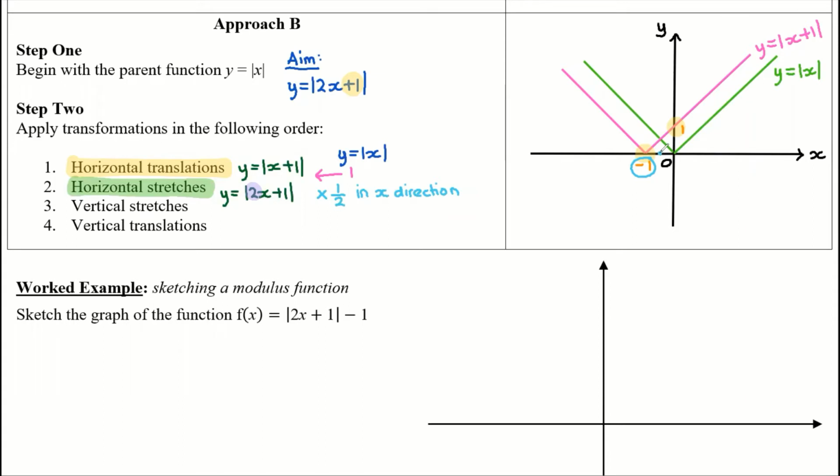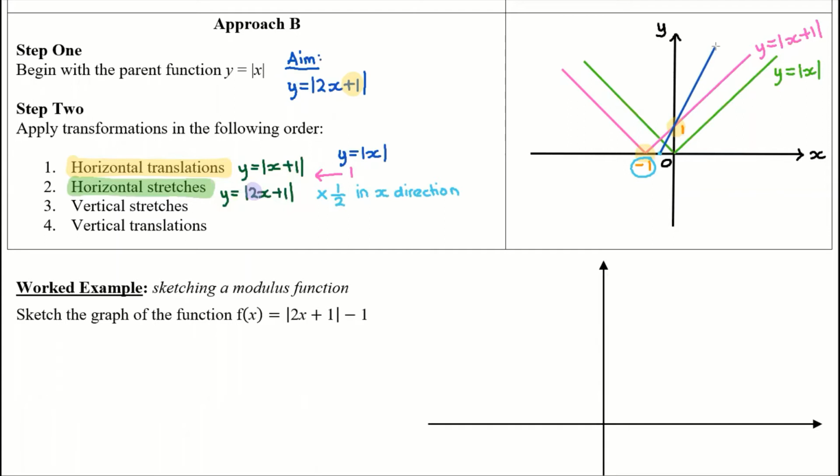But because the y values do not change, you'll notice what seems to happen here. So I'm going to do this in blue. It's still going to pass through the point 0, 1 on the y-axis. So this is going to create a steeper graph like that. Okay, so it's still going to pass through 0, 1.